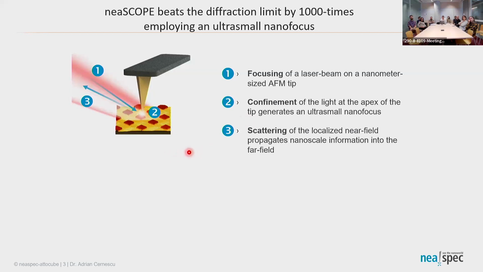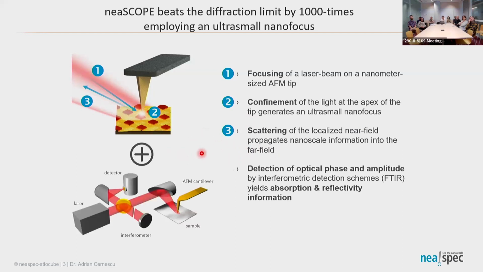And with our microscope, we are able to detect the light which is coming from the material under the AFM tip. This light is detected with the help of a Michelson interferometer. This is a sketch here.